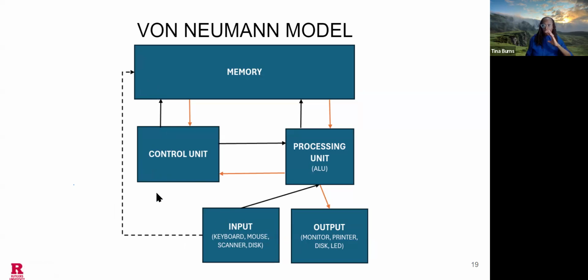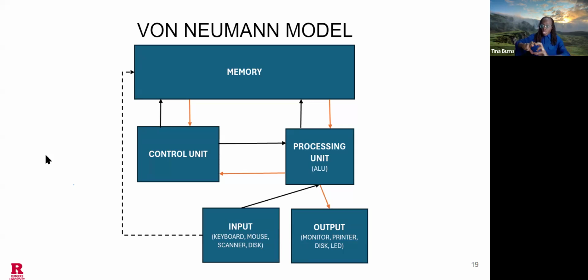Another thing you want to remember is that it's always going to have these four components, right? Some representations of the von Neumann model do include additional things as well, but your four cornerstones are going to be your memory, your control unit or your CPU, your processing unit or your arithmetic logic unit, and your input and output devices. Those are going to be the cornerstones of what you're going to do, right?